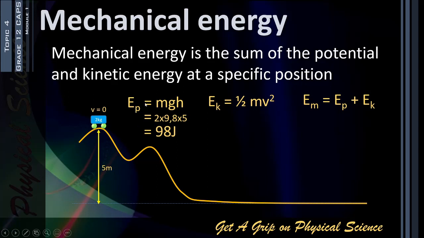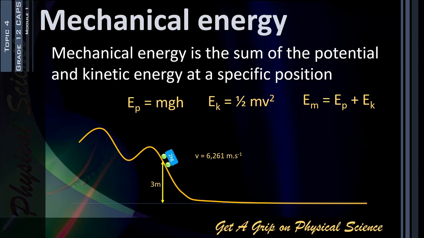And that gives us a potential energy of 98 joule. But because the initial velocity is 0, the kinetic energy of the trolley at the initial position will be 0. And therefore the mechanical energy, which is the sum of the potential and the kinetic energy at that specific point, is 98 plus 0, which is 98 joules.